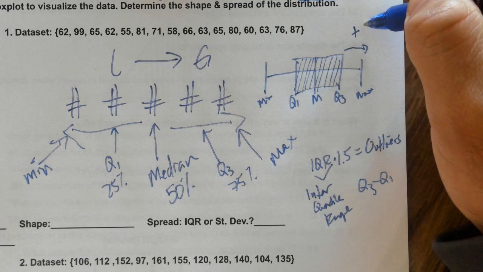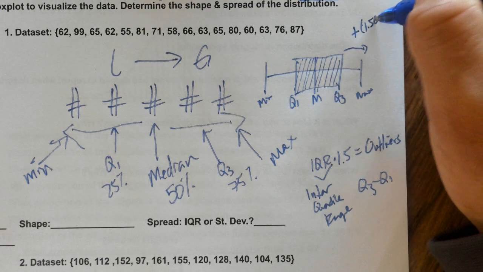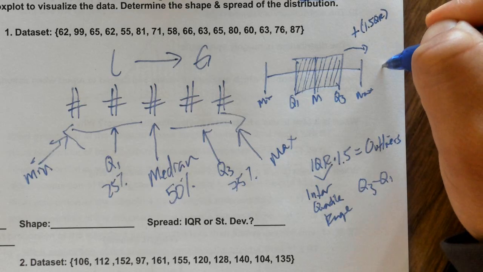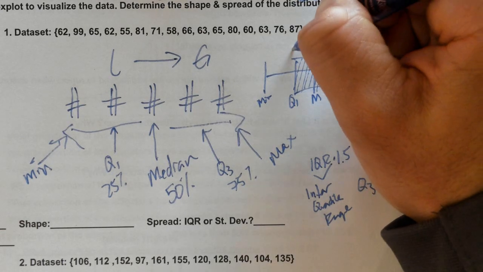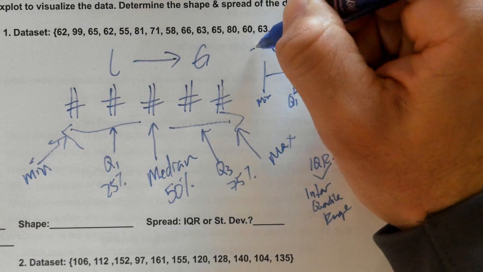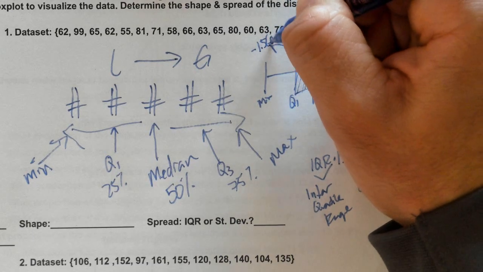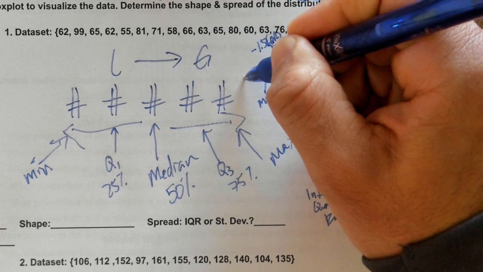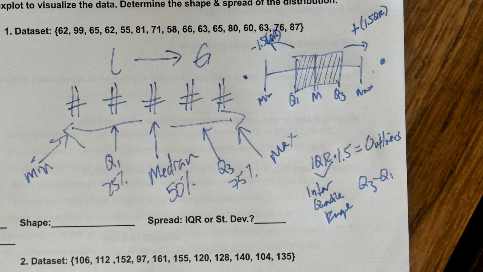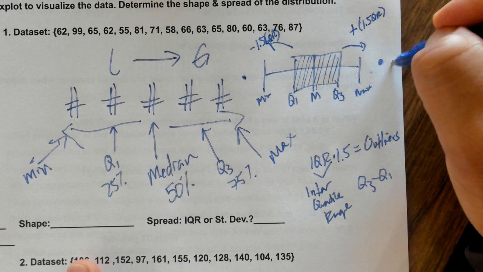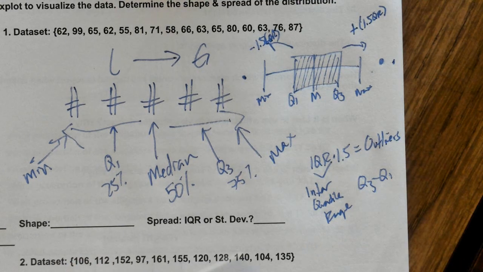If you add that 1.5 times IQR, it tells you if you have any outliers on the top, or if you subtract the 1.5 times the IQR, it'll tell you if you have any outliers on the left, if any points exist that are beyond or below the minimum and maximum ranges.